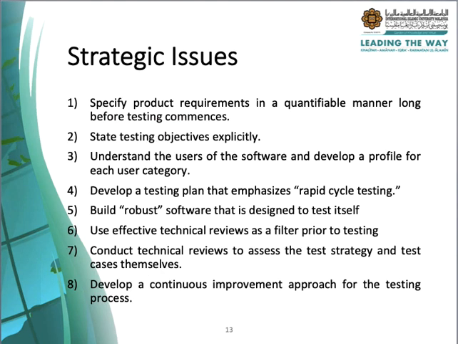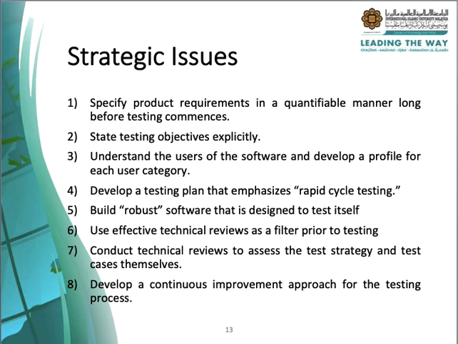So strategic issues on testing, there are 8. Number 1, specify product requirements in a quantifiable manner long before the testing commences. Meaning that you have to make sure that whatever you want to test, before you start testing, the requirements are measurable. That is the first thing.